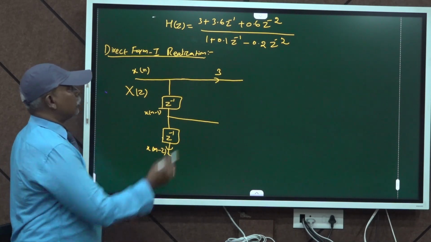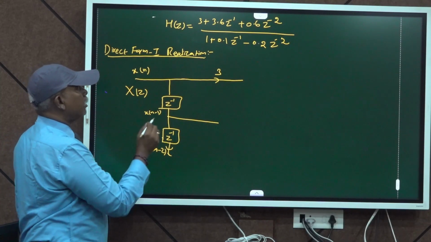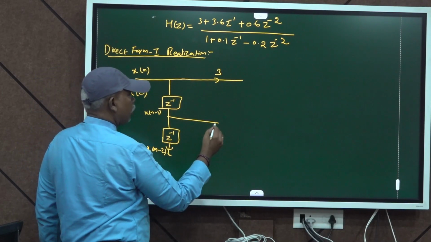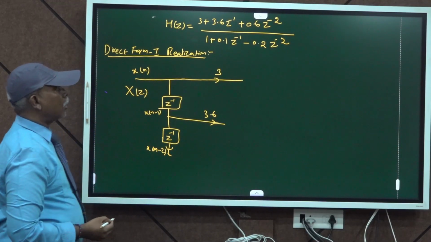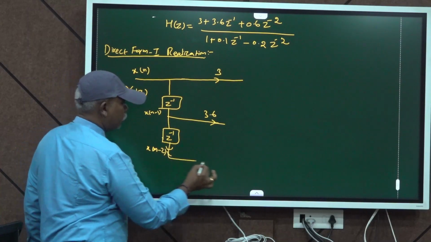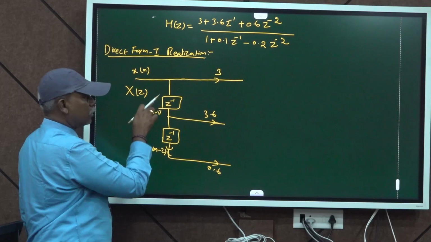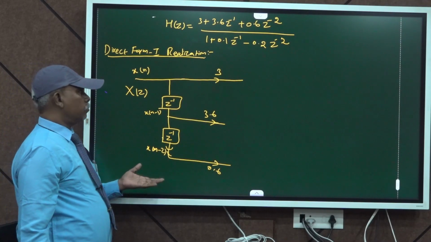These are the things you should know. So 3 is directly multiplied by x of n and 3.6 is multiplied by z power minus 1. Here I put 3.6, and another one is 0.6 into z power minus 2. There are 2 delays on the input side.